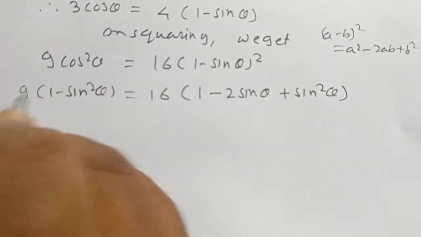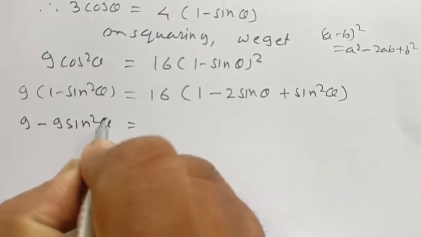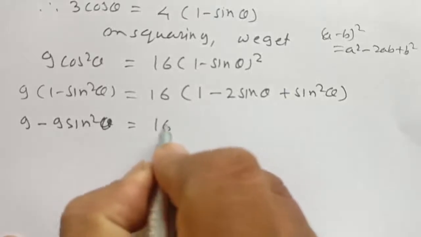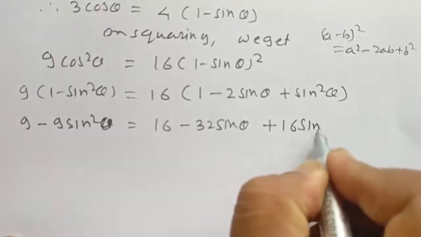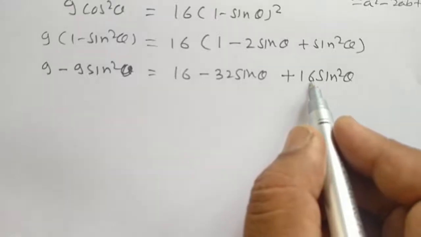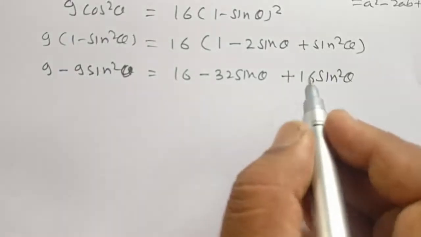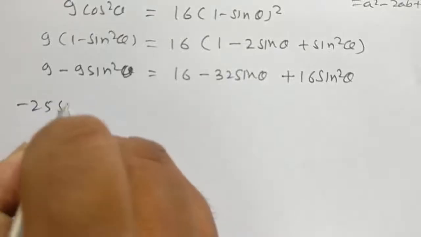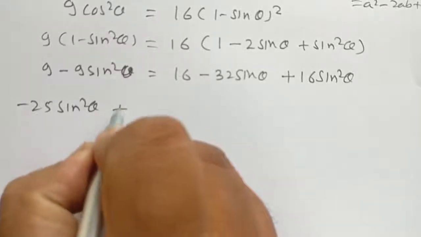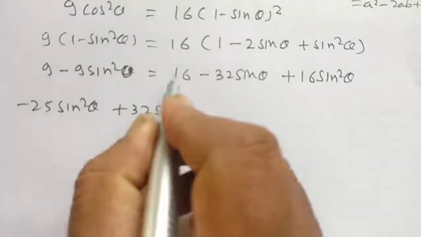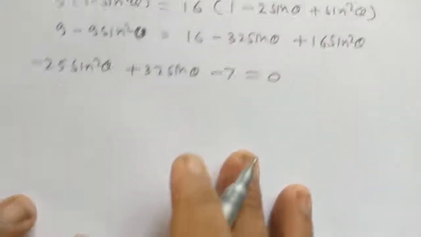Multiply inside the bracket: 9 - 9sin²θ = 16 - 32sinθ + 16sin²θ. Taking 16sin²θ to the left-hand side, here it is -9 - 16, that is -25sin²θ, and -32sinθ moves to give +32sinθ, and 9 - 16 is -7, equal to 0.